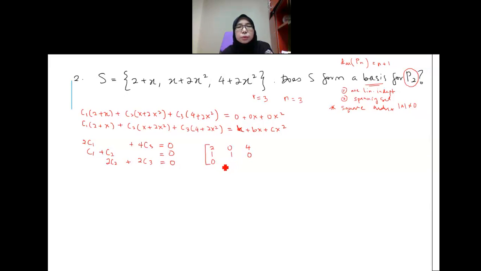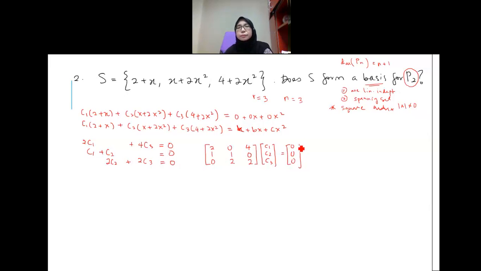C1 here is 0, C2 is 2, C3 is 2. This is the coefficient matrix. The variables are C1, C2, C3, equals to 0, 0, 0.